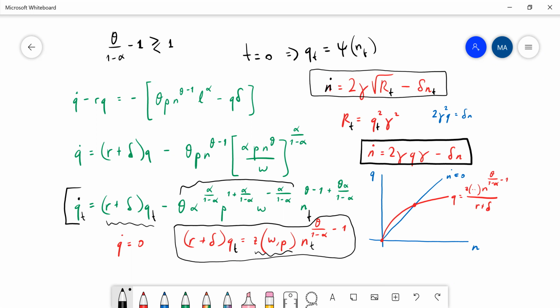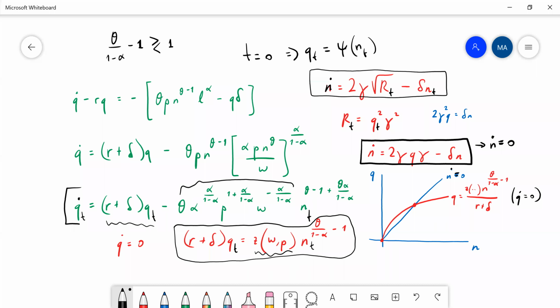This differential equation will give you the N dot equals 0 locus. And as you see, it is linear. Now what do I have here? First, this is the N dot equals 0 curve. And this is basically the Q dot equals 0 curve.